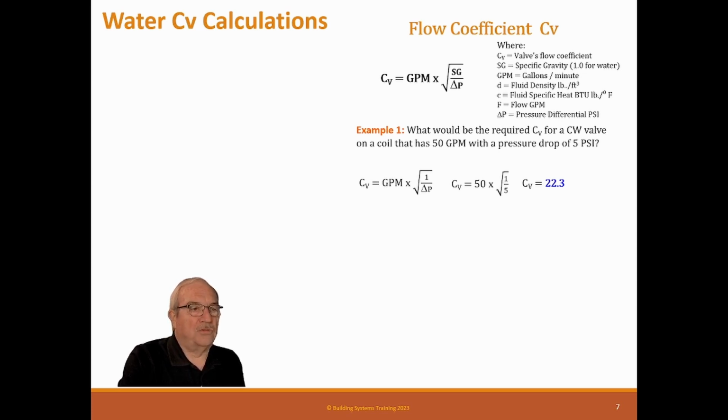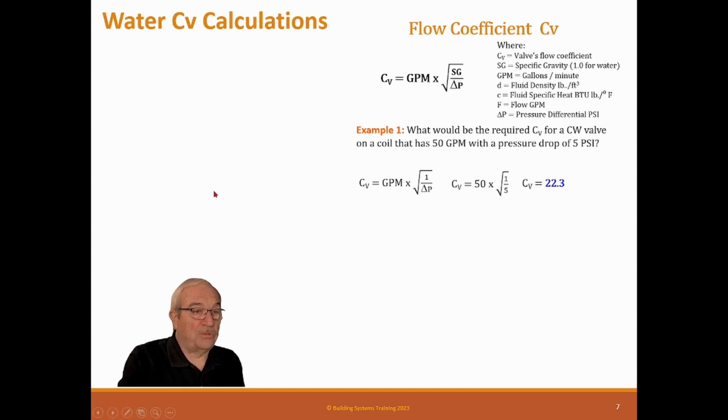So what you do is you select the CV that's the closest. And that's another thing I have a hard time with, is convincing engineers that bigger is not better, especially not in control valves. If you needed 22.3 and you had a valve that had a CV of 21 and a CV of 30, you should pick the 21, because it will control much, much better than a valve of 30. So we need to be careful.